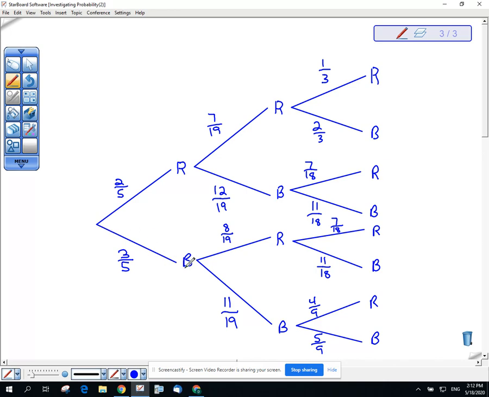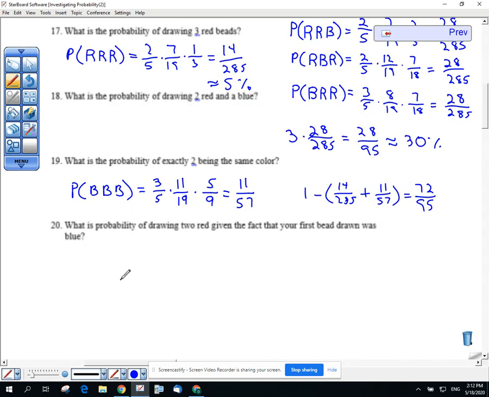We've already drawn a blue. Now we're here, and then we can answer the question, and it would be 8/19 times 7/18, and that comes out to 28/171, which is approximately 16%.